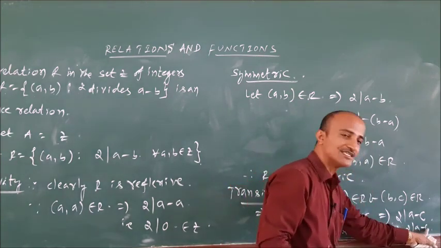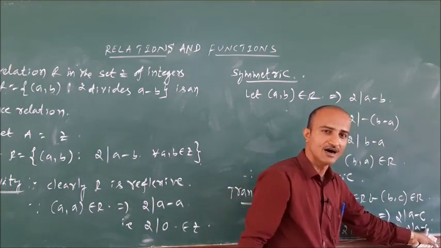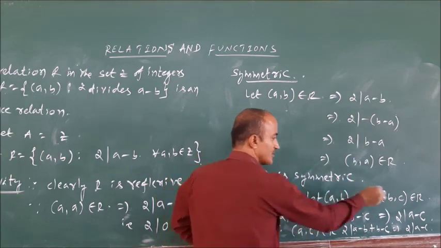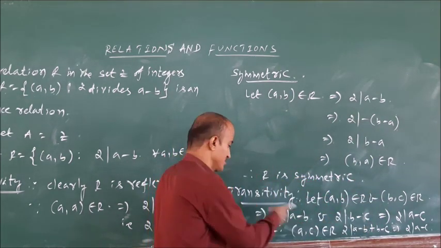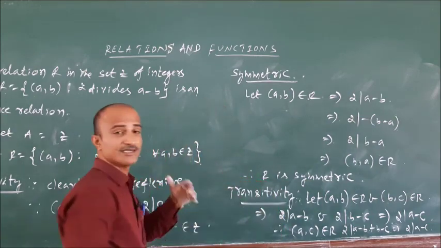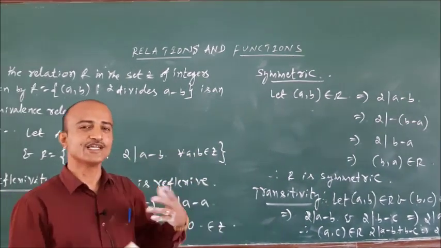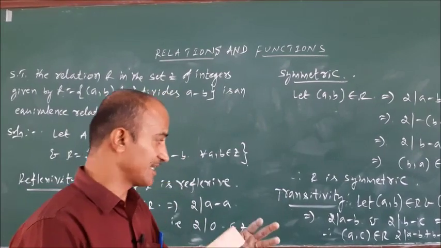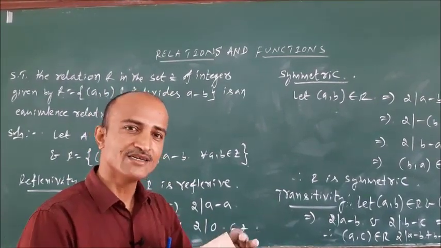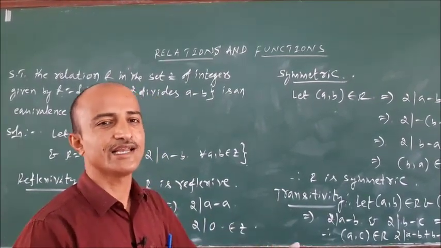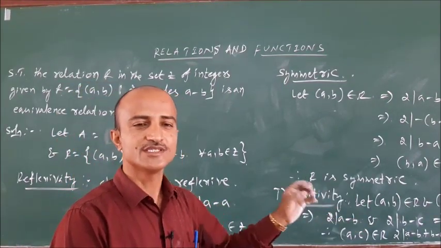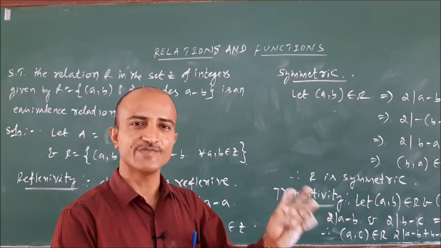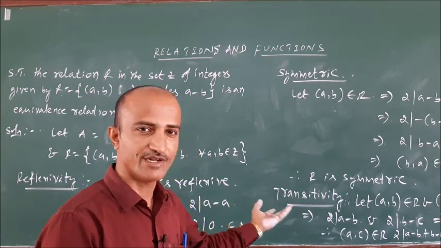When 2 divides a minus c, it means the ordered pair (a, c) is in R. So (a, b) belongs to R and (b, c) belongs to R implies (a, c) belongs to R. Therefore, R is transitive. When the given relation is reflexive, symmetric and transitive, clearly R is an equivalence relation. So you just write down: since R is reflexive, symmetric and transitive, therefore it is an equivalence relation.